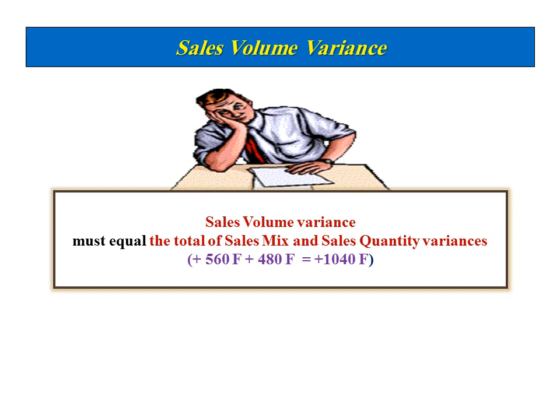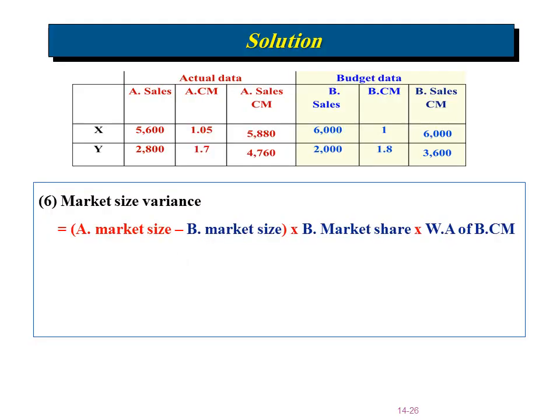Yes, market size variance, and the last one, market share variance. What about market size variance? The same equation as in the previous lecture, but instead of using budgeted sales price, I will use budgeted contribution margin.